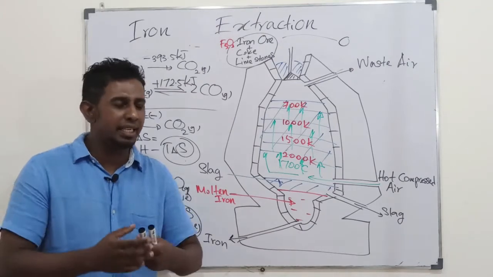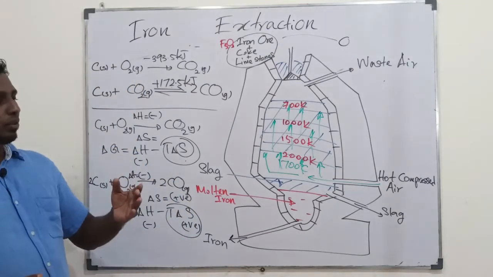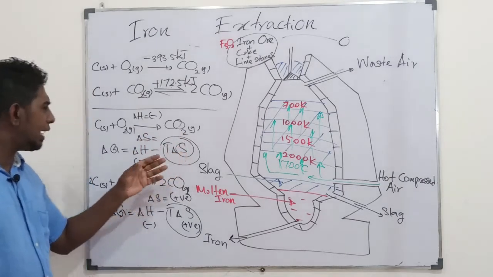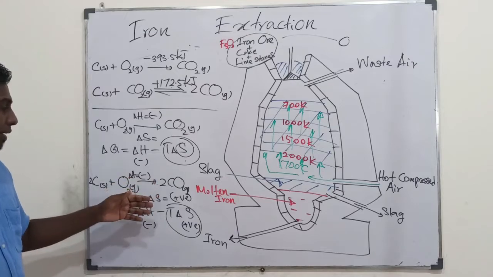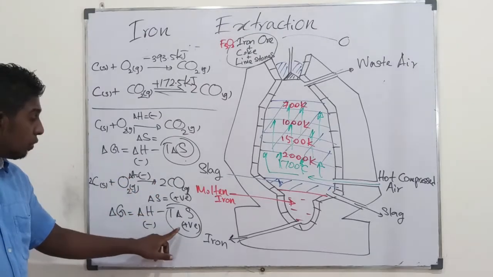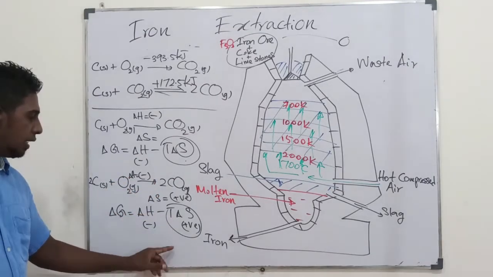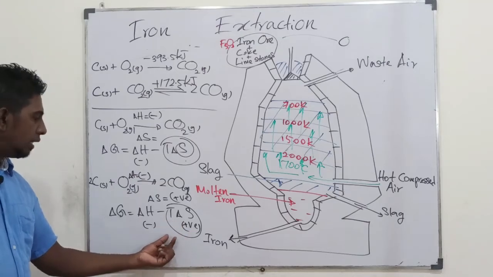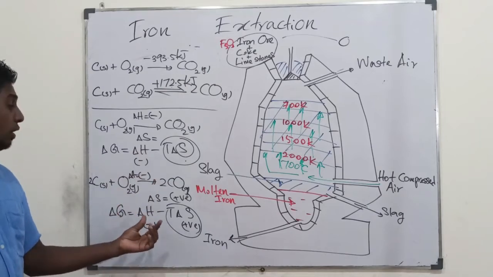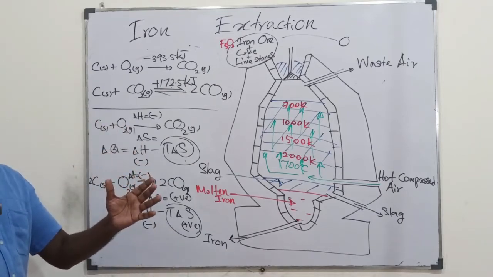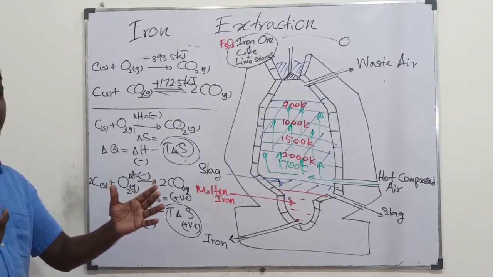Then vice versa, compared to carbon dioxide, let's say equally stable at both temperatures, but when the temperature goes down, this product goes down, then it's still negative but not that high compared to earlier. Earlier it was highly negative.